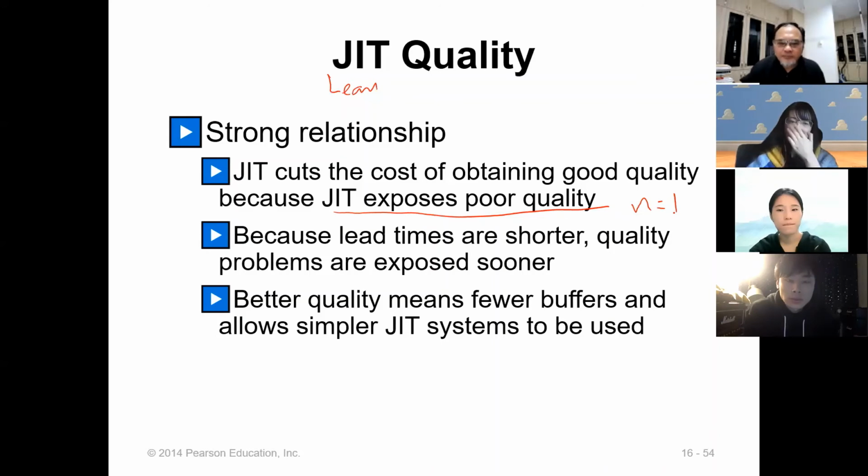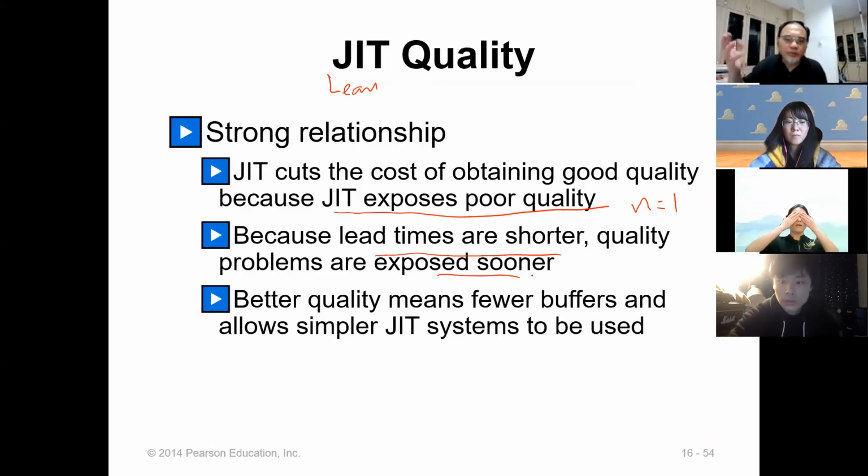Because lead times are shorter in a JIT environment, quality problems are exposed sooner. So that is the result of implementing JIT. You will expose quality problems.